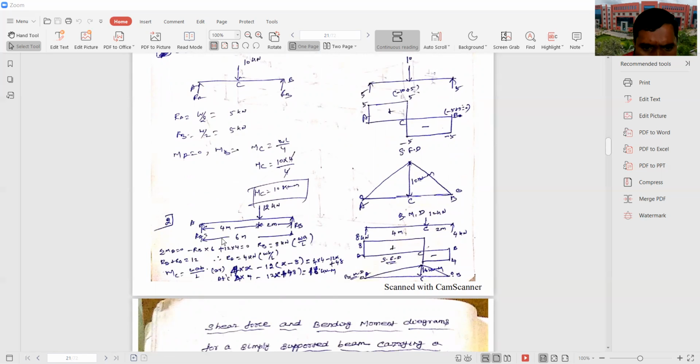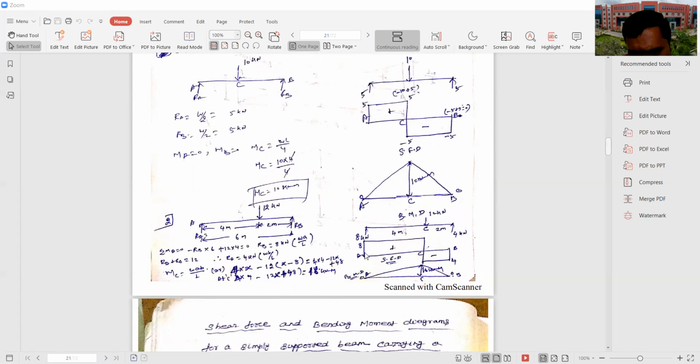Otherwise, you can use the equation, that is moment at A equal to 0, therefore minus RB into 6 plus 12 into 4 equal to 0. From that RB is calculated, then sum of the upward force RA plus RB is equal to sum of the downward 12. So from that RA is equal to 4 kilonewton. The moment at C, you can calculate as load into distance or WAB by L.